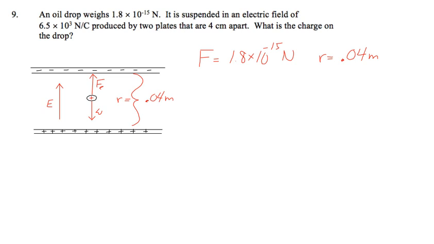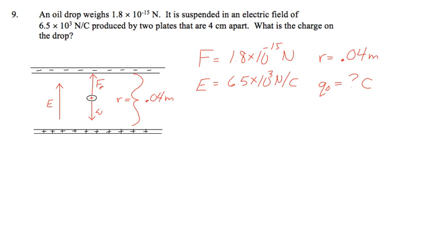So let's see what else. It's suspended in an electric field of, and they give us the value of that. So the electric field is 6.5 times 10 to the third newtons per coulomb, and the unknown in the problem is the Q, the test charge. So those are your facts.